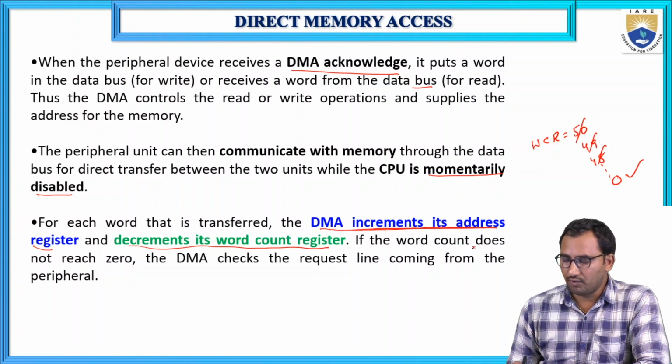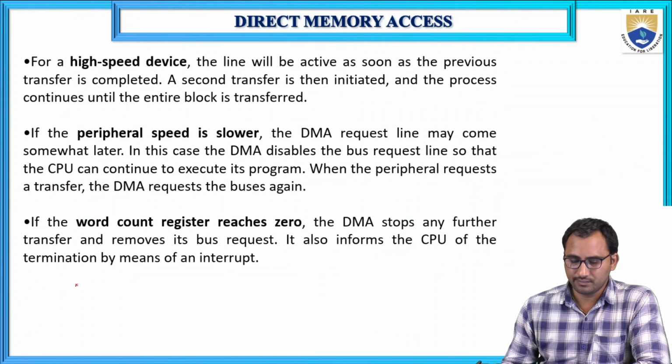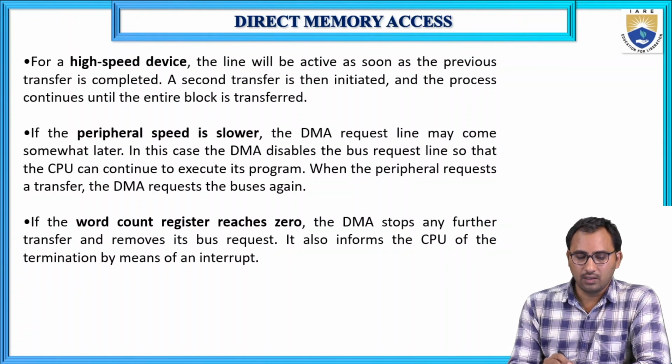If the word count doesn't reach 0, the DMA checks the request line coming from the peripheral. For a high-speed device, the line will be active as soon as the previous transfer is completed. A second transfer is then initiated, and the process continues until the entire block is transferred.